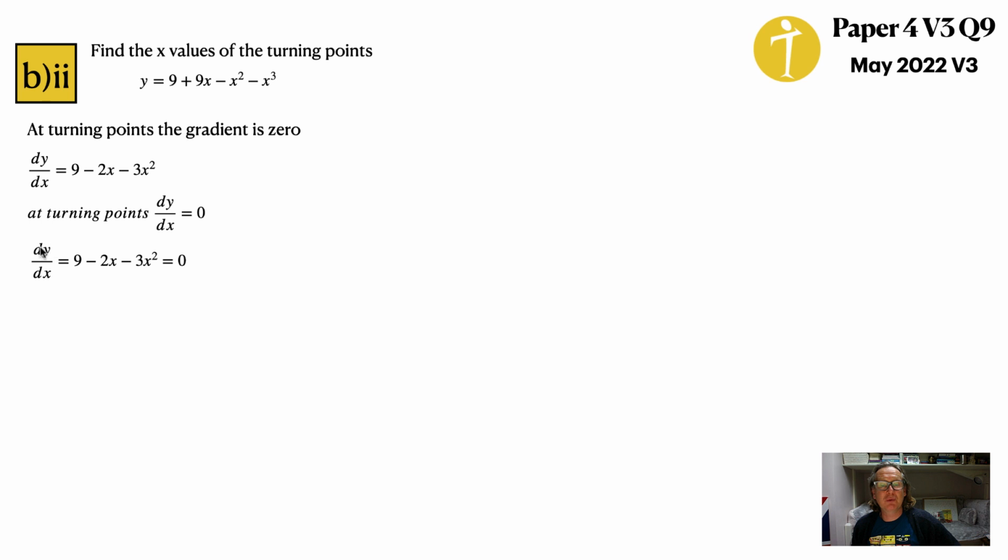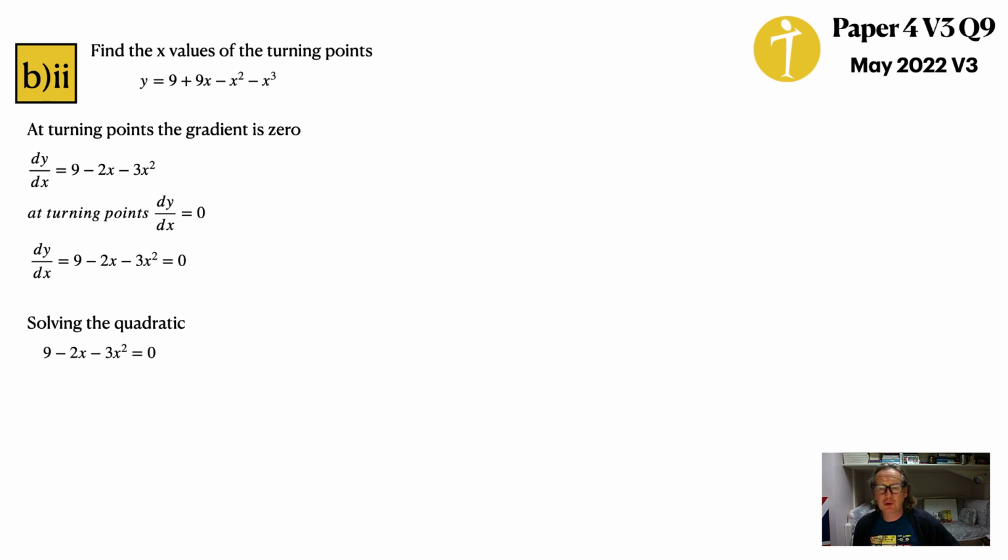So dy by dx, our expression here, will be equal to 0, which means we're essentially now trying to solve this quadratic equation. It's the result of our differentiation equal to 0. At that x value, the gradient will be 0, and I will have the turning points of my function.